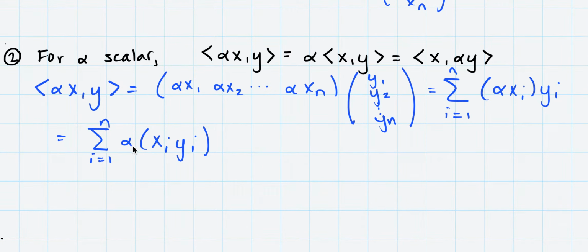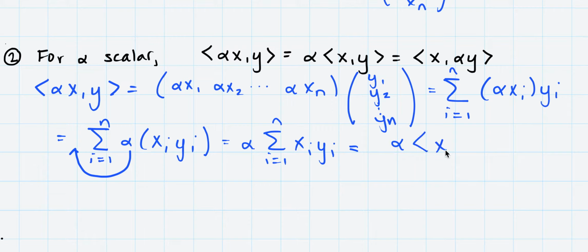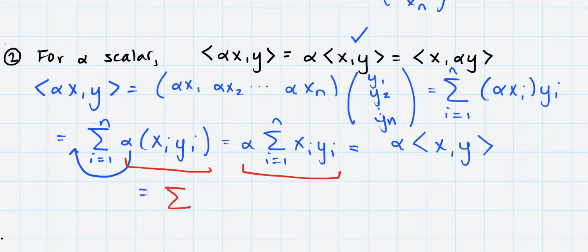And if we have a number that doesn't have an i, we can pull it outside of the sum. Which is this second part right here. So we proved this. But also, we can move scalars around. So this piece right here, we could put this alpha back behind this sum, and then we could write it like this.